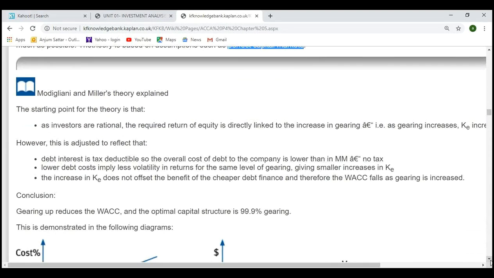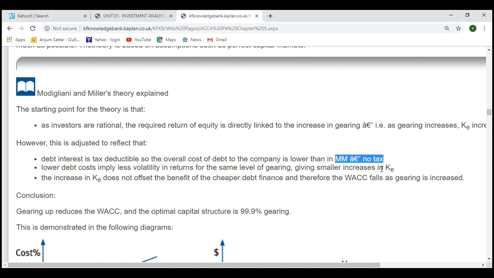The starting point of this theory is that investors are rational, and the required rate of return on equity is directly linked to the increase in gearing. As gearing increases, the cost of equity increases. However, this is adjusted to reflect that debt interest is tax deductible. So the overall cost of debt to the company is lower than under Modigliani and Miller with no tax.